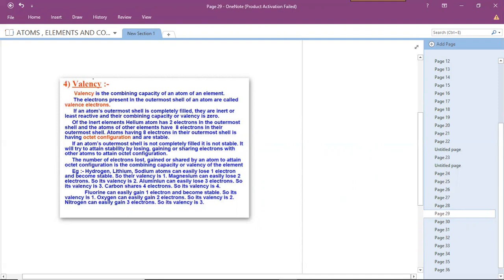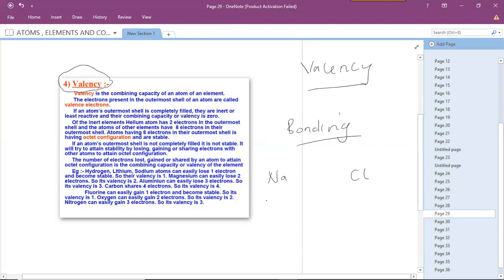So I want to introduce the concept of valency. Valency is the bonding power of an element. For example, like I said, we have things like sodium and chlorine.